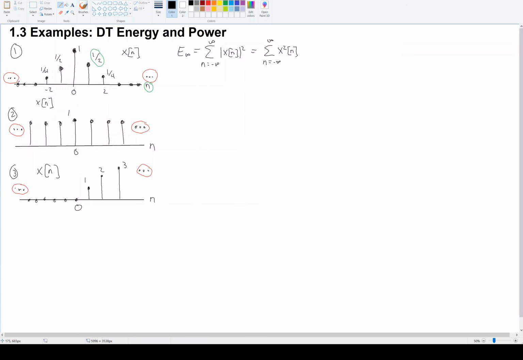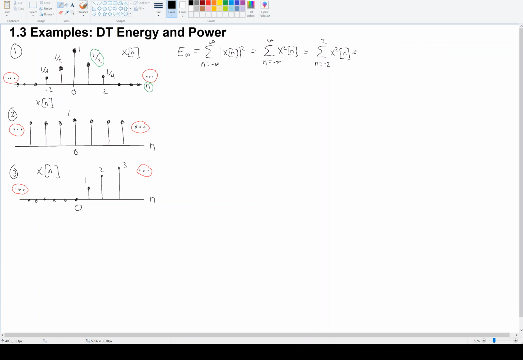Squaring 0 remains 0, and then adding 0 contributes nothing. To the right of 2, it's also 0, and so squaring it remains 0 and contributes nothing to the sum. So I can write this not from minus infinity to infinity, but from minus 2 to 2 of our signal squared.